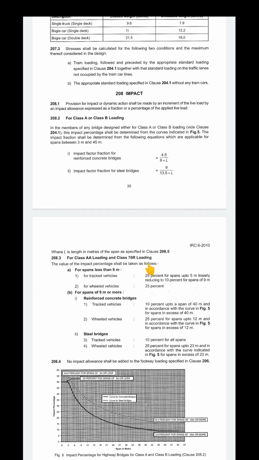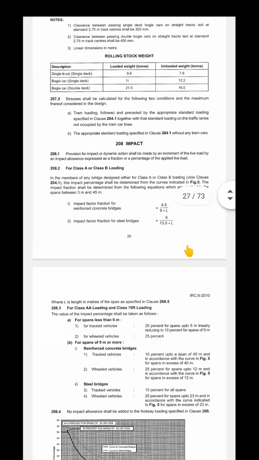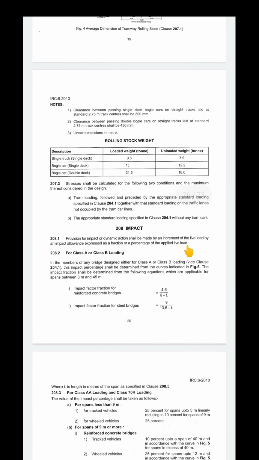The value of impact percentage shall be taken as for IRC Class A tracked vehicle. Now we are considering in this member bridge design for the Class A or Class B loading, the impact percent shall be determined from the curves indicated in figure 5. Impact factor shall be determined from the following equation, span between 3 to 45.